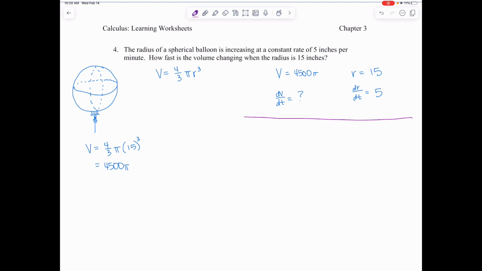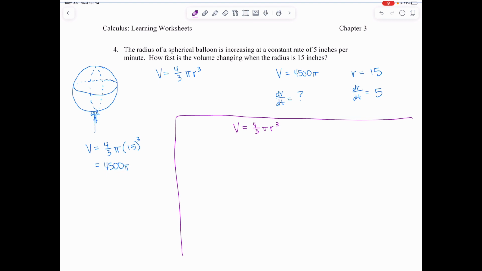And now we can make an attempt to answer our question. How fast is the volume changing? So we'll continue to use our formula. V equals 4/3 pi r cubed. Let's take the derivative.